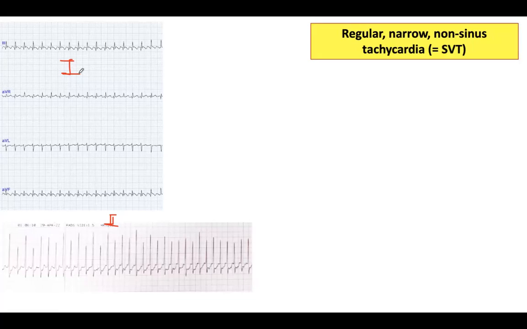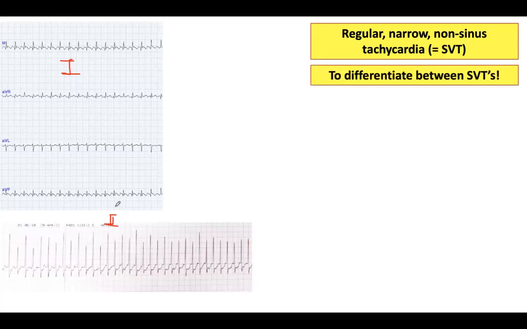We said these are two examples of regular narrow non-sinus tachycardia, SVT. Again, there are no P waves that are positive in lead AVF and lead 3 that you can tell for sure. The patient is really tachycardic for his physiological status, for his age, and so we're presuming it's an SVT of some sort.